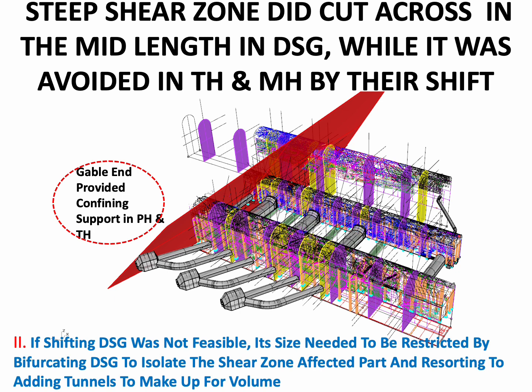If shifting the downstream surge gallery was not feasible, its size needed to be restricted by bifurcating it to isolate the shear zone affected part and resorting to adding tunnels to make up for the volume.